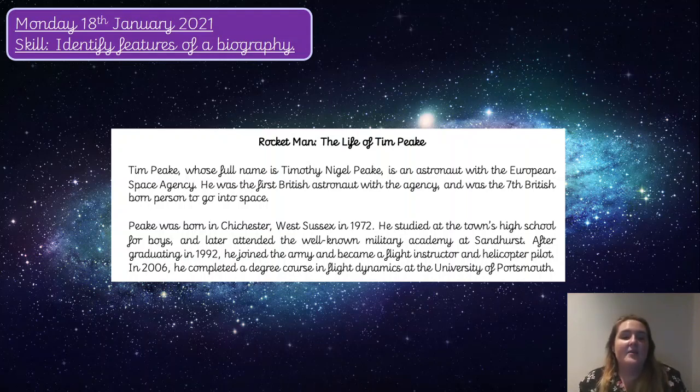Tim Peake, whose full name is Timothy Nigel Peake, is an astronaut with the European Space Agency. He was the first British astronaut with the agency and was the 7th British-born person to go into space. It's quite an achievement, isn't it? Peake was born in Chichester, West Sussex in 1972.